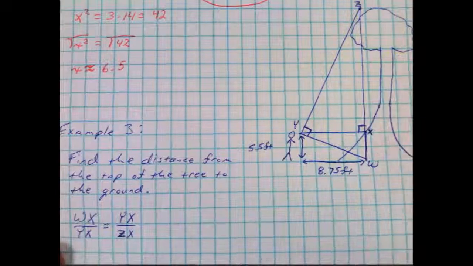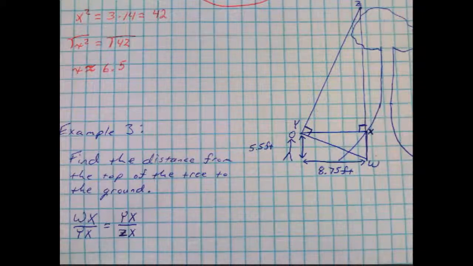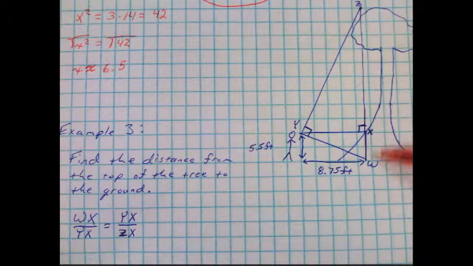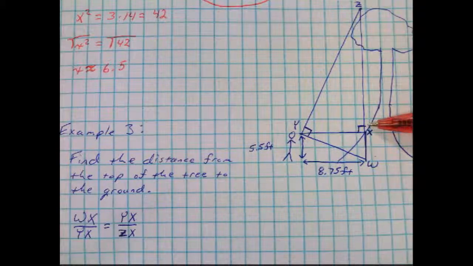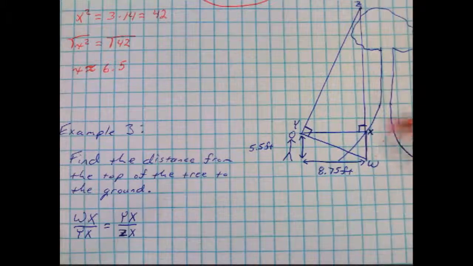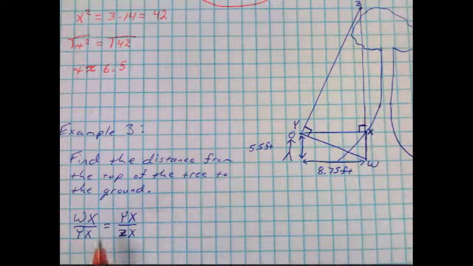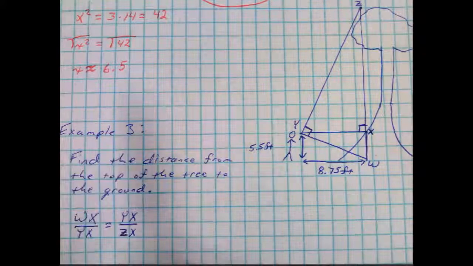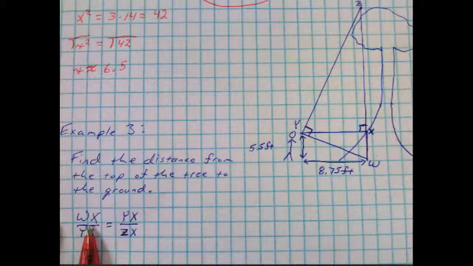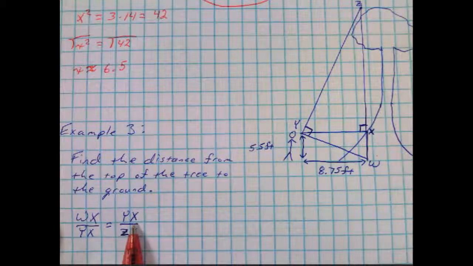Alright, so we're going to start out here. We know that WX, this piece, and ZX, this piece here, just like what we did in example 2, the geometric mean of those two numbers is this one here, which is YX. So I set up just like I had from example 2. One piece of my hypotenuse, WX, over the geometric mean equals the other geometric mean over the other piece of the hypotenuse.